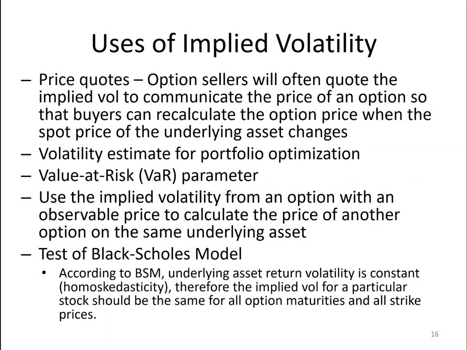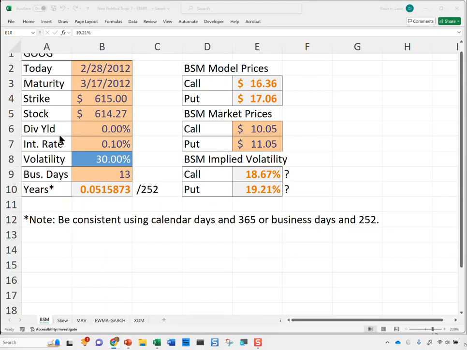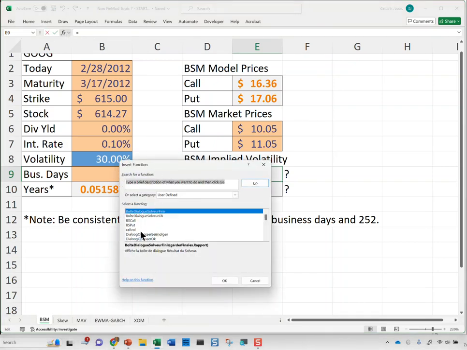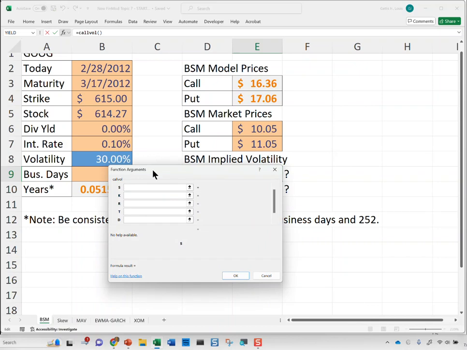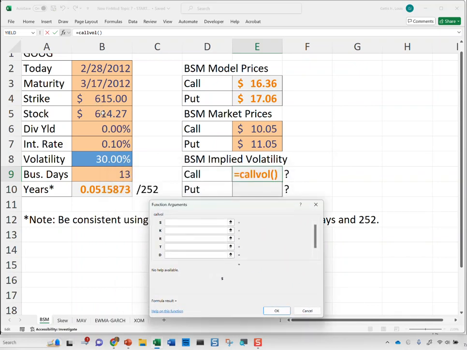So let's go ahead and insert those programs. You can see it's a lot easier than running goal seek all the time, especially if things change. Notice 1867 and 1921. I'm going to put in my function, call vol, put in the spot price of the asset, 614, strike price, 615, interest rate, 0.1, T, 0.05, dividend yield, 0.